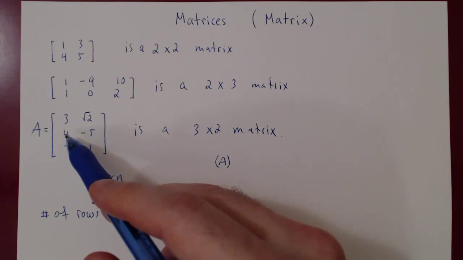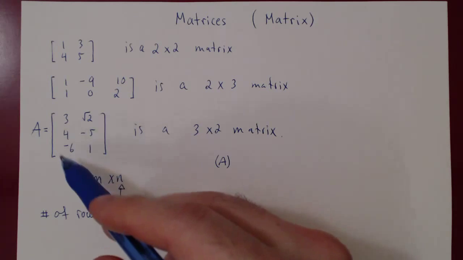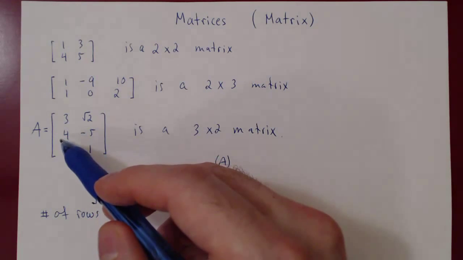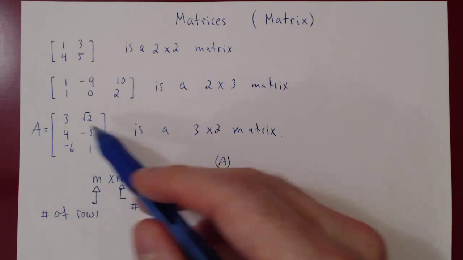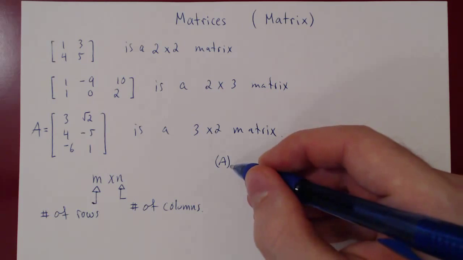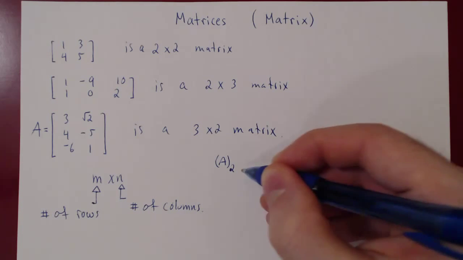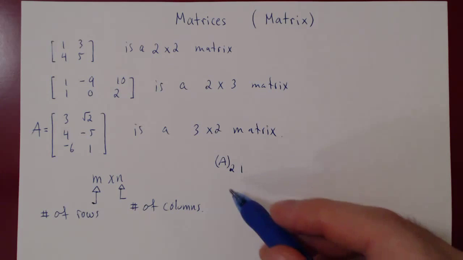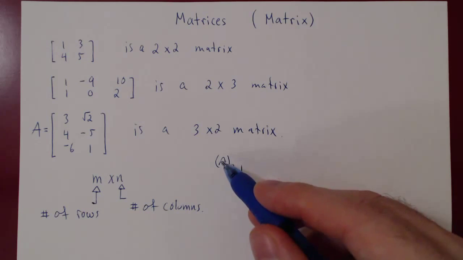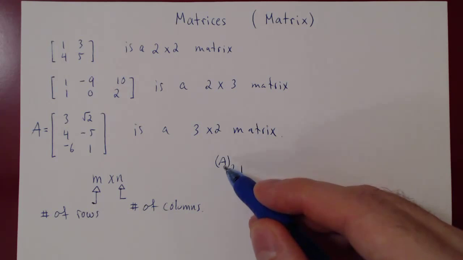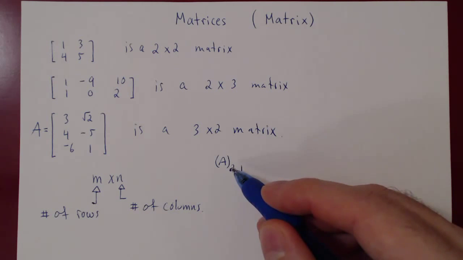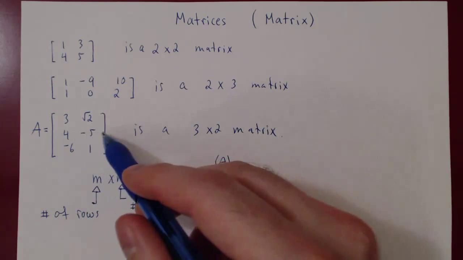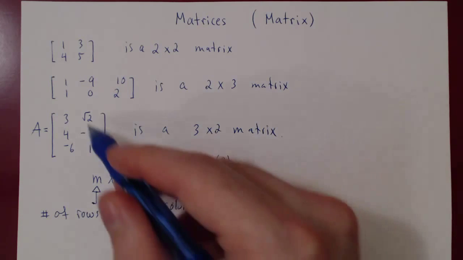So suppose we look at the entry 4. It is found in the second row, first column. So this would be the entry of A(2,1). This is not A21, we leave a space. So when you put round brackets around a matrix, you mean the entry of this matrix where the first index is the row position, so in the second row, first column.